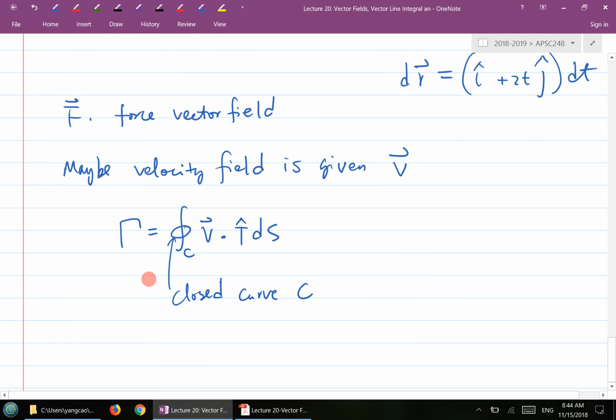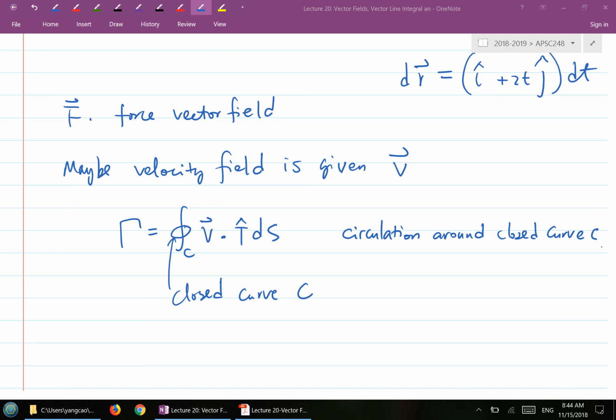There's a name associated with this kind of integration. We call it the circulation around this closed curve C. Circulation of what? It's the circulation of the vector field, but it's not purely the vector field, because you have the constraint curve C here.